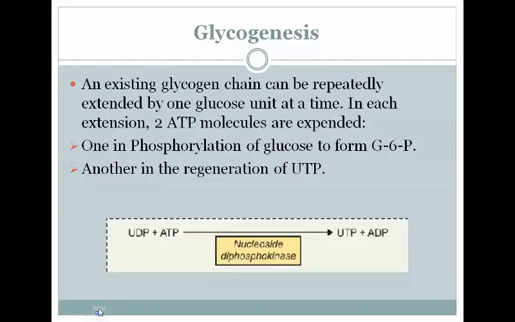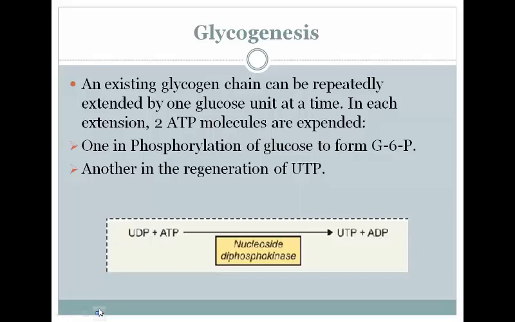In each extension, 2 ATP molecules are expended. How? One in the phosphorylation of glucose to form glucose 6-phosphate, as you saw, and another in the regeneration of uridine triphosphate, that is required.